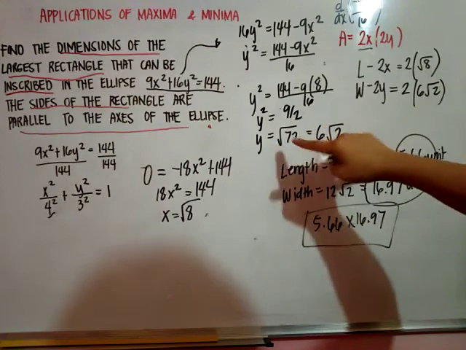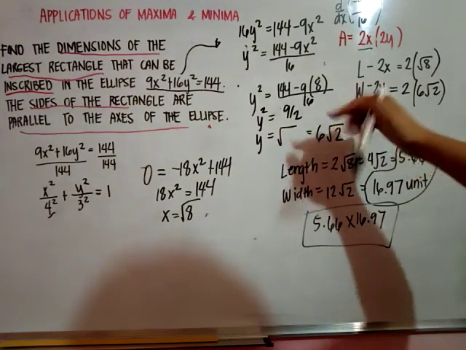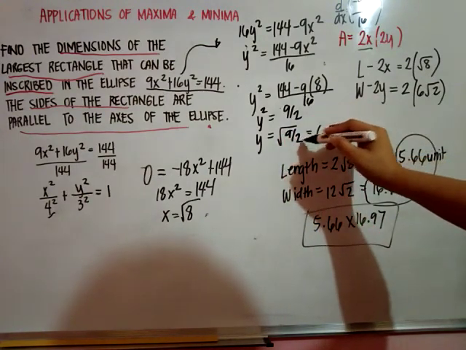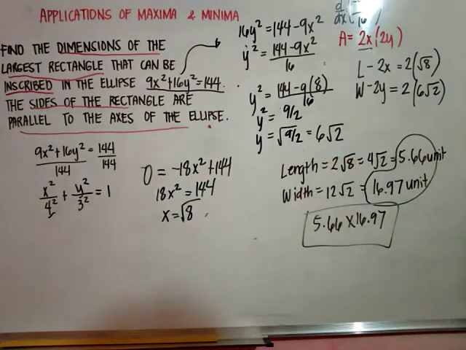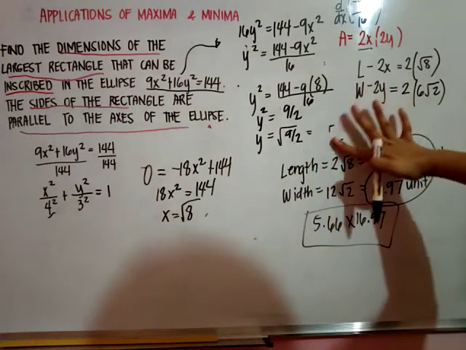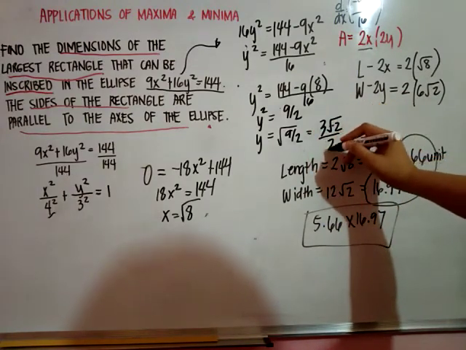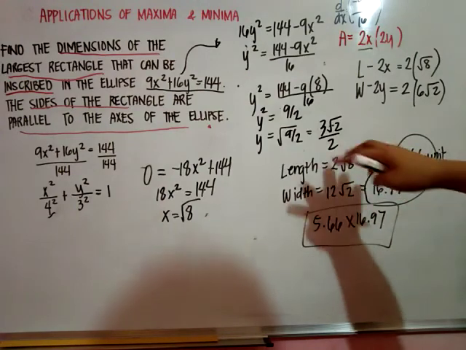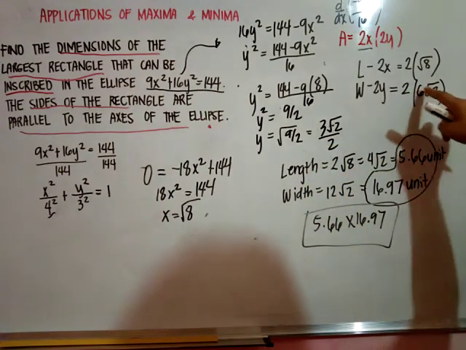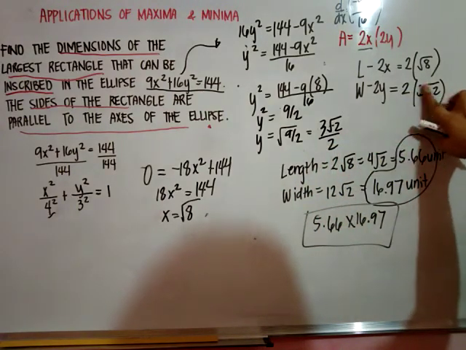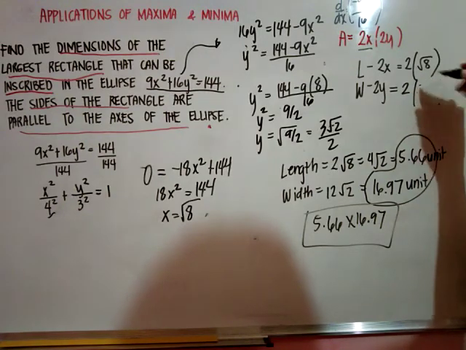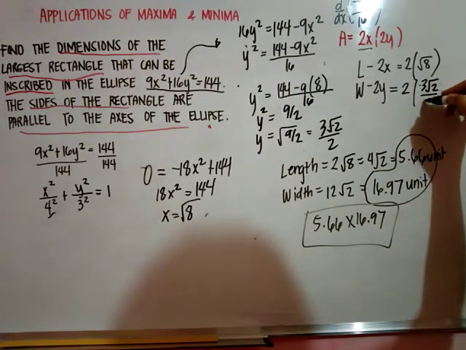Therefore, y is equal to square root of 9 halves. So, ito siya. Square root of 9 halves is also equal to the 3 is square root of 2 over 2. So, therefore, palitan lang natin to, yung 2y dito. So, we have, ito, 3 is square root of 2 over 2.